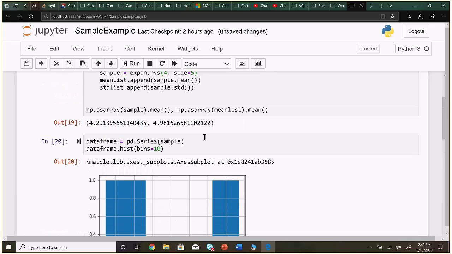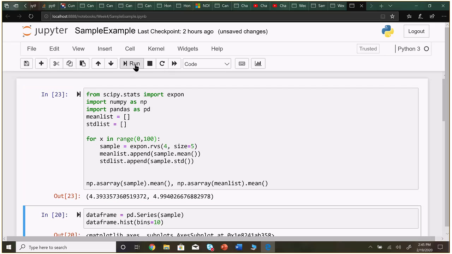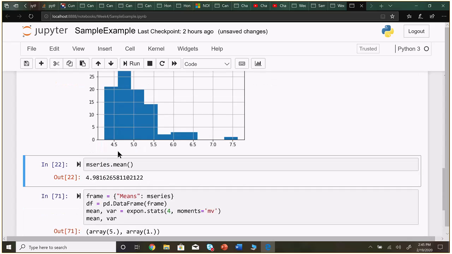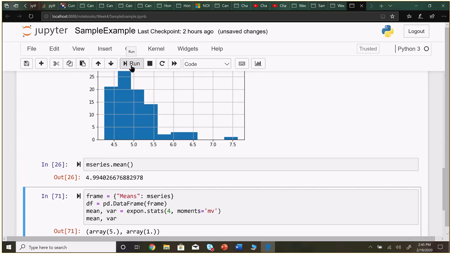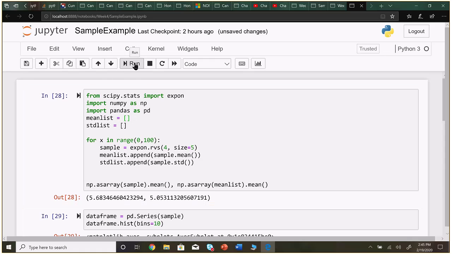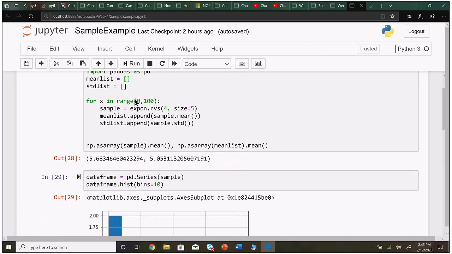If we bump it down to 100, we still got 4.99. Did it again, and this time we got 5.05. See, there's an element of randomness each time I run through it.